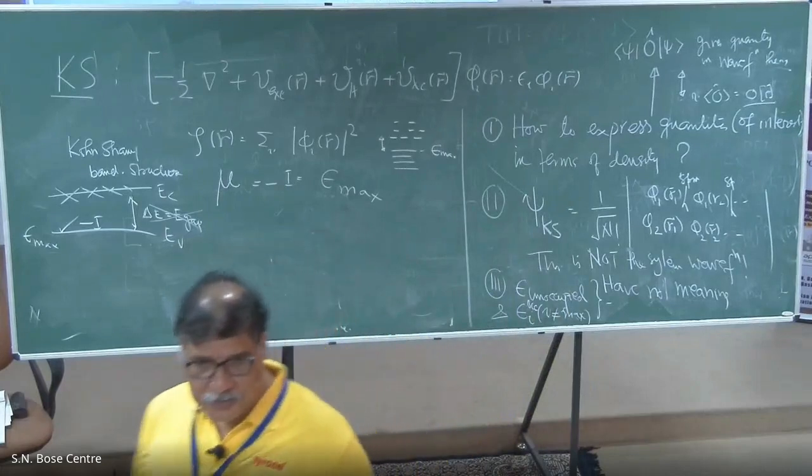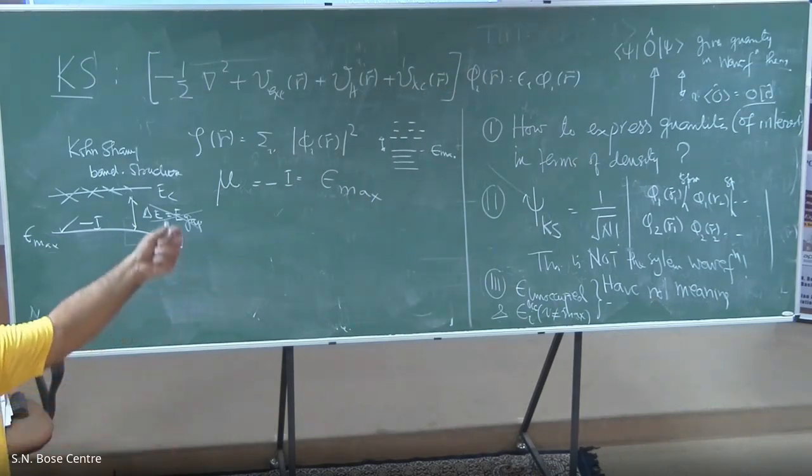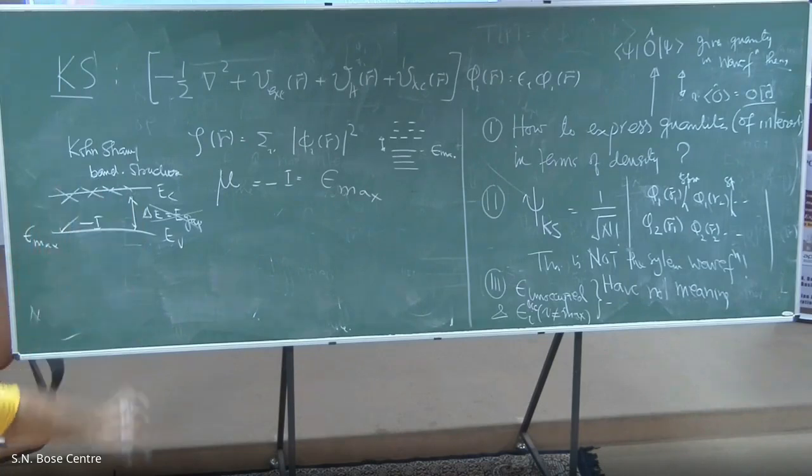Just to give you an example, suppose you want to calculate the phonon frequency. You displace slightly from equilibrium and calculate the ground-state energies. Energy is half k x squared, which gives you half omega squared and some normal coordinate. That you can do. But not every quantity can be expressed in density.